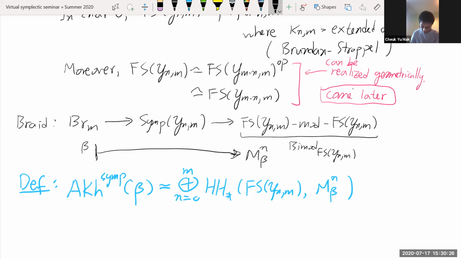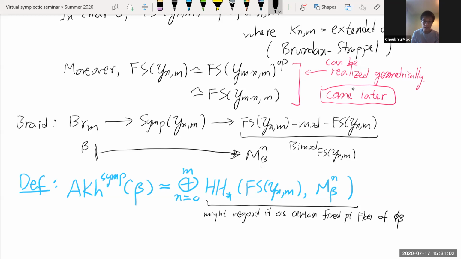But one thing that I don't know whether it helps or not is that you might think of this as a fixed point Floer homology, regard it as a certain fixed point Floer homology of phi beta.